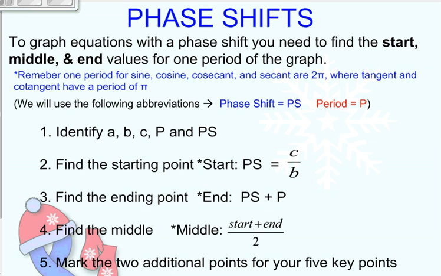Now we have a few more pieces that we have to identify. We've already been identifying our A, our B, and our P for period. Now we need to identify our C and where our phase shift is occurring. When we're doing the phase shift, we're going to have a start, a middle, and an end. But you have to find the start first.